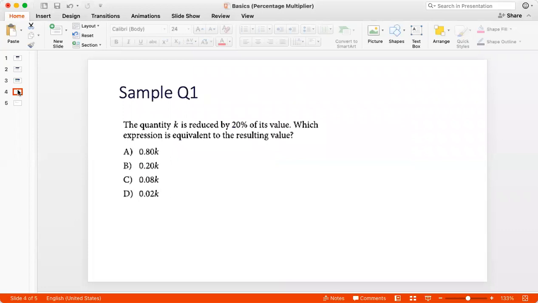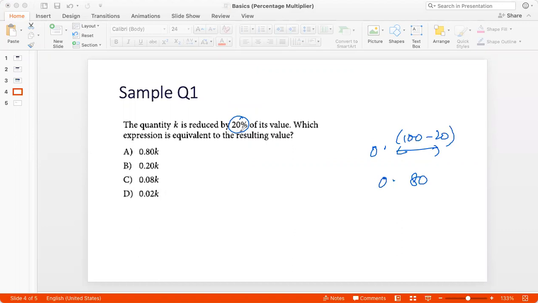So let's do a sample question. The quantity K is reduced by 20% of its value. Which expression is equivalent to the resulting value? So I'll solve it both ways, but let's just try what we learned right now. 20%, right? So the multiplier would be 0, and here I would write 100 minus 20, so 0.80.